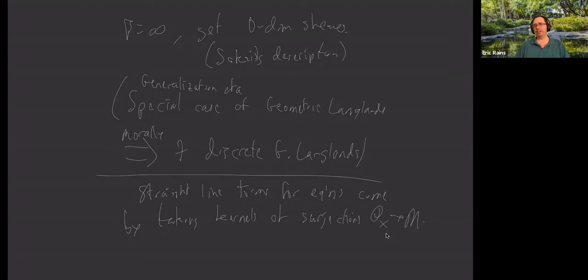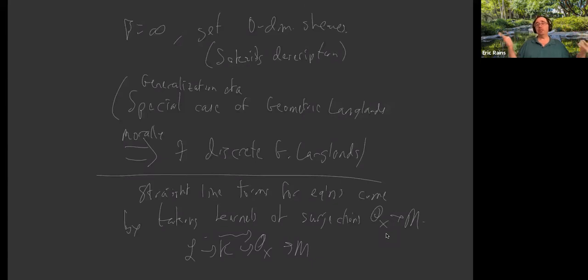And so, basically taking the kernel there and then finding a line bundle that maps into there. Well, maps between line bundles are operators. And so if you have a line bundle mapping to this kernel, mapping to the structure sheaf, mapping to M, this composition is an operator and gives you a straight line form of the equation.